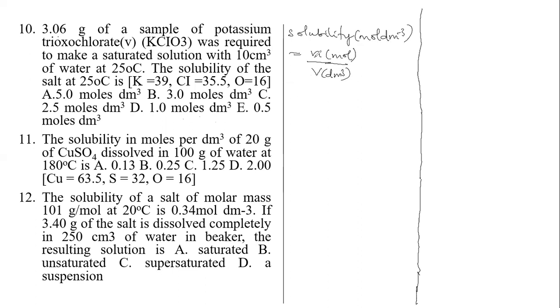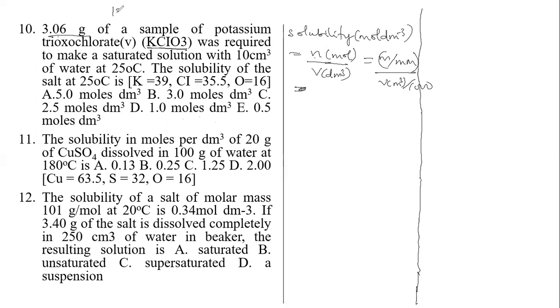So now we are going to have the mole, which is mass over molar mass, divided by volume in cm cube divided by 1000. What's the mass of the salt? That's 3.06 gram. What's the molar mass of potassium chlorate 5?